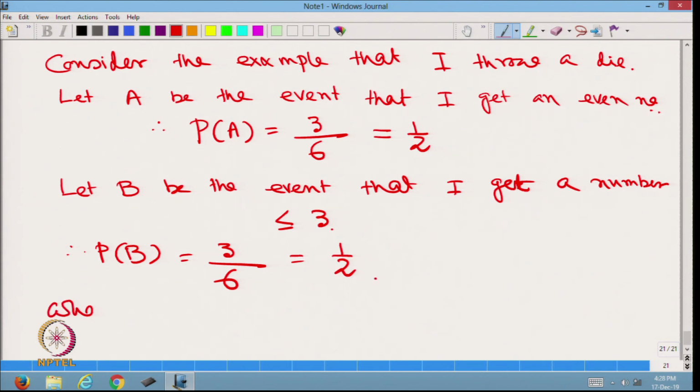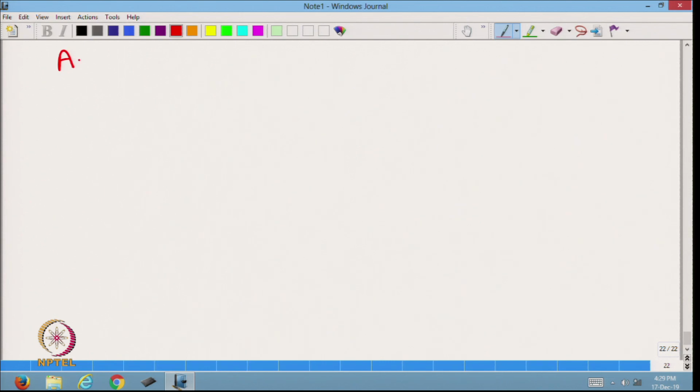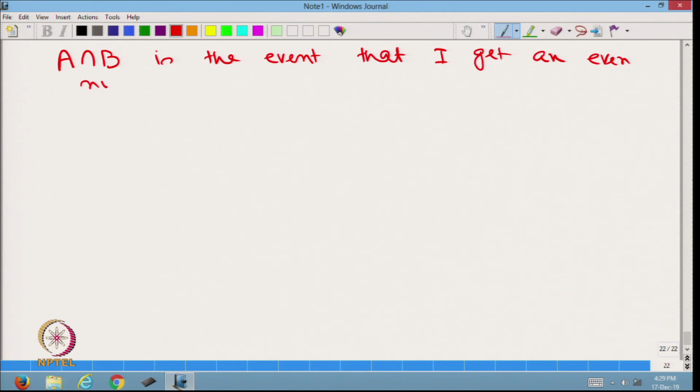What is probability of A intersection B? Now, A intersection B is the event that I get an even number less than equal to 3. Therefore, probability of A intersection B is obtaining an even number less than equal to 3.